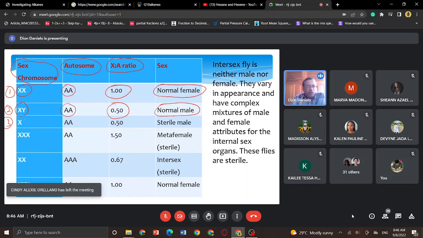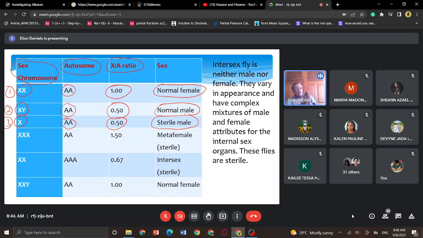This particular organism has 1X, but no Y. Then it has 2 sets of autosomes. So that also gives an X to A ratio of 0.5, similar to the one just above. But because this one does not have that Y chromosome that confers fertility, this would be a sterile male because of the absence of that Y chromosome.